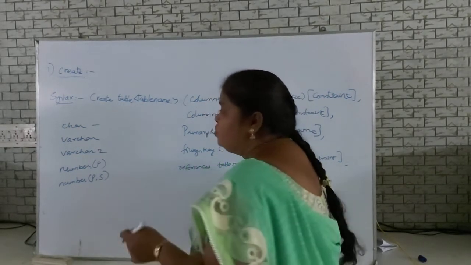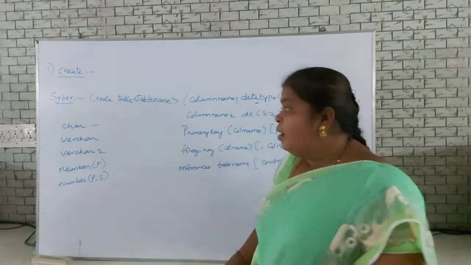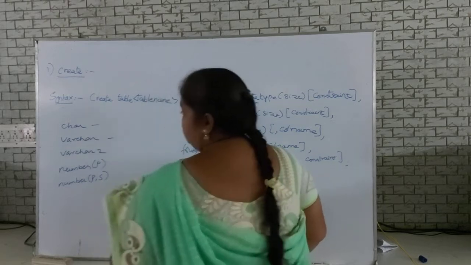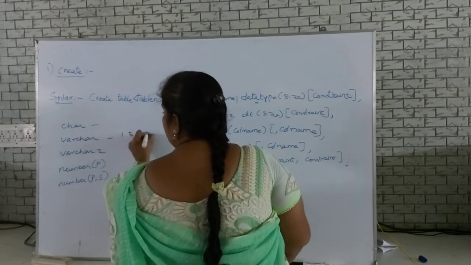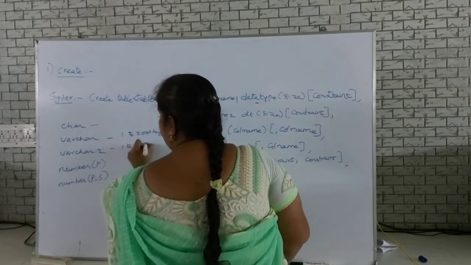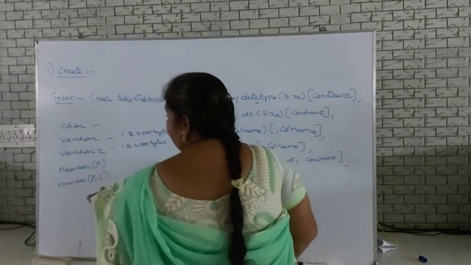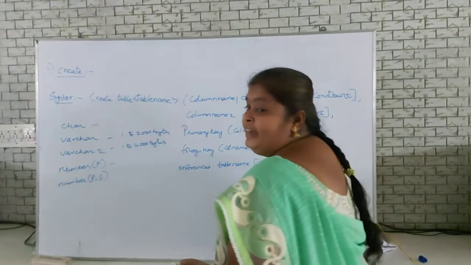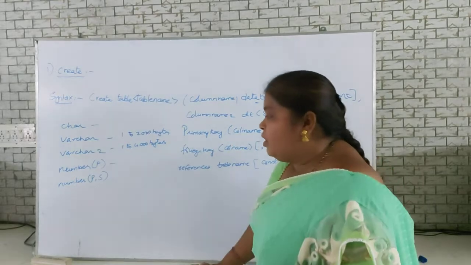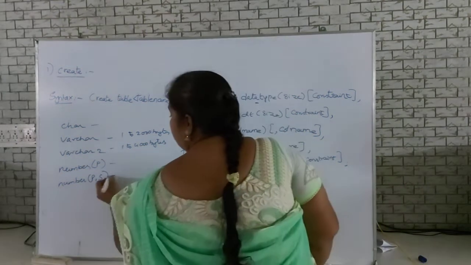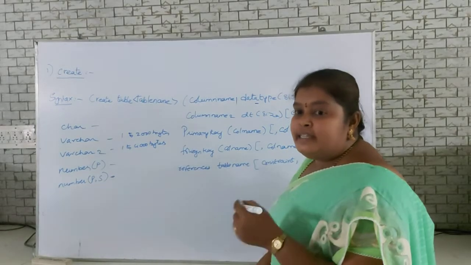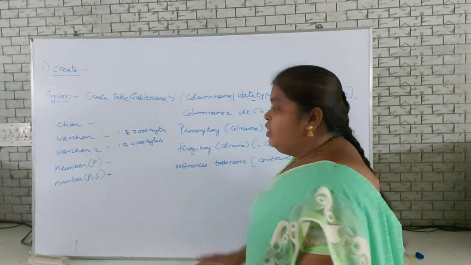Varchar is used to store string values, but the difference between varchar and varchar2 is that varchar takes 1 to 2000 bytes of memory, and varchar2 takes 1 to 4000 bytes. Number is used to enter integer type, and number of p comma s is used to enter numbers with decimal points, up to 6 digits.